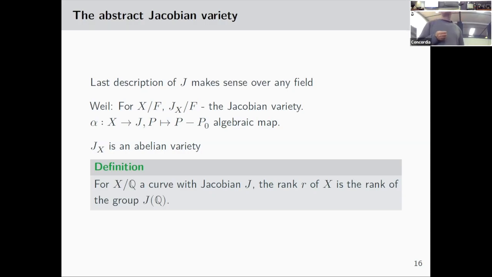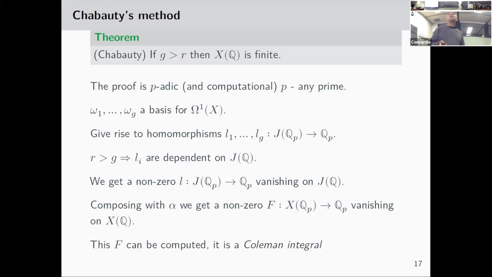And so, as I said, it's an abelian variety, and therefore the group of rational points is finitely generated, so it has a well-defined finite rank, and that's this number R that showed up from the start of the talk. Okay, so here's Chabauty's theorem. It says if g is greater than r, then the set of rational points is finite.